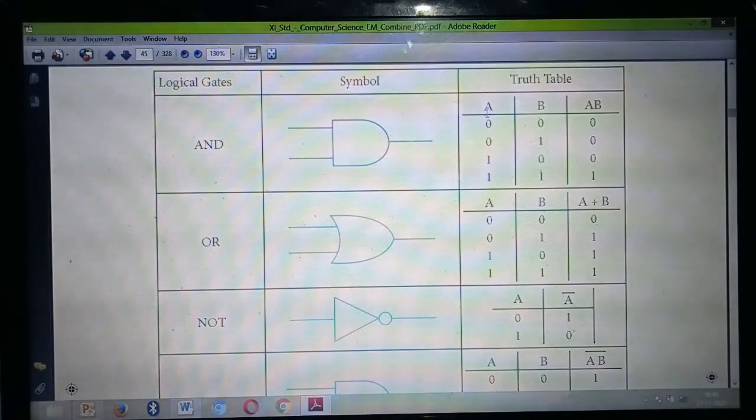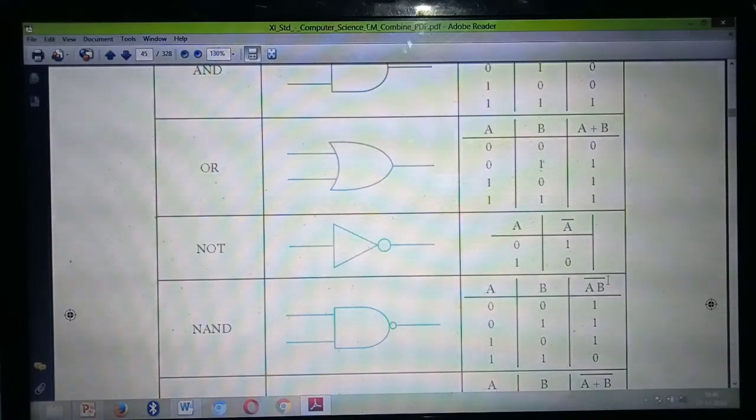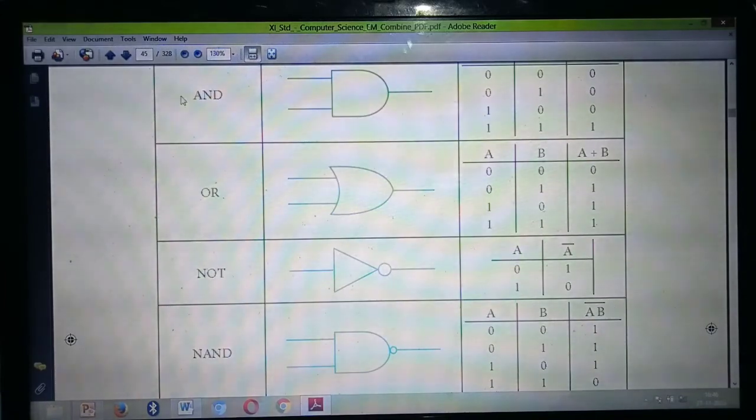What are the fundamental gates? AND gate, OR gate and NOT gate are fundamental gates. Starting from AND, from here to till this NOT, fully you should draw the symbol and truth table for AND, OR and NOT, till here. First 3 mark question.